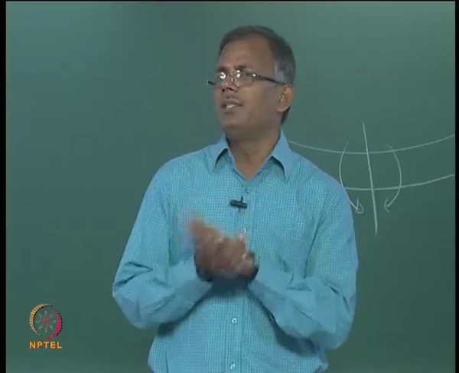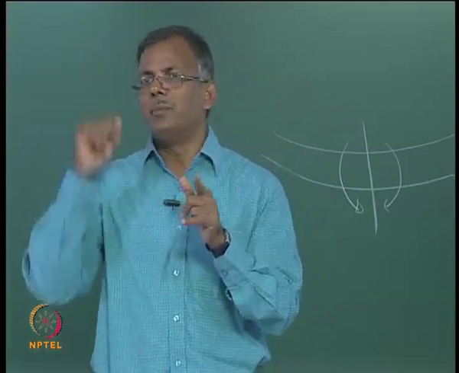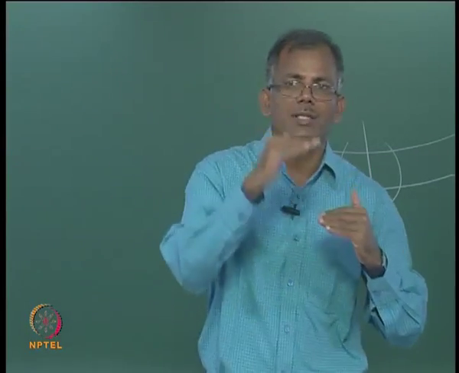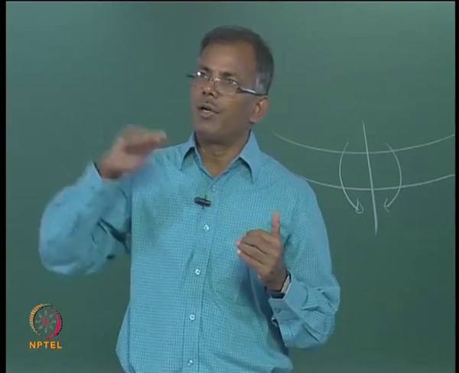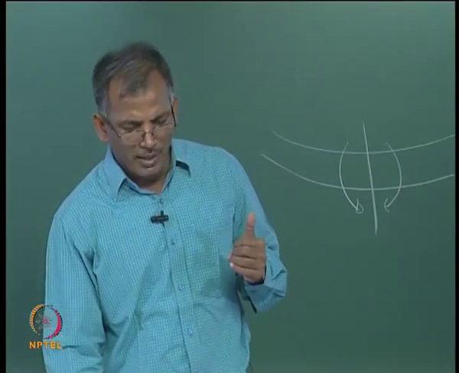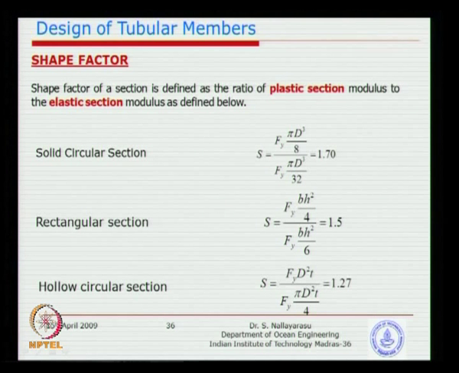The second reason is we do not really want to go to ultimate, we want to use even less than yield capacity. So, though they offer higher ultimate capacity, we may not go to that much failure capacity, because most of our allowable stress design historically will limit our design capacities to less than 60% of even the yield capacity.